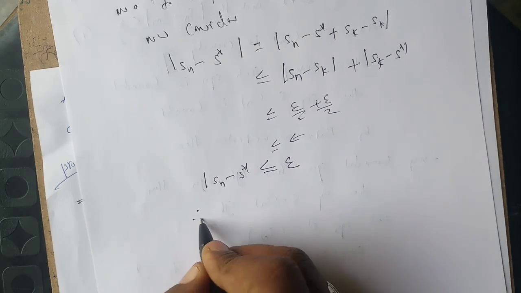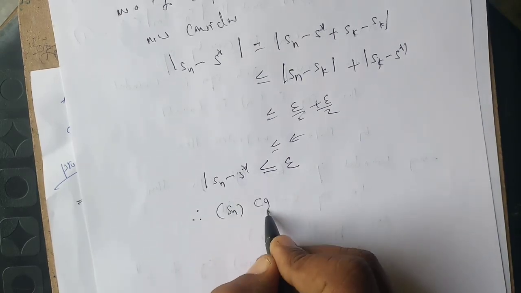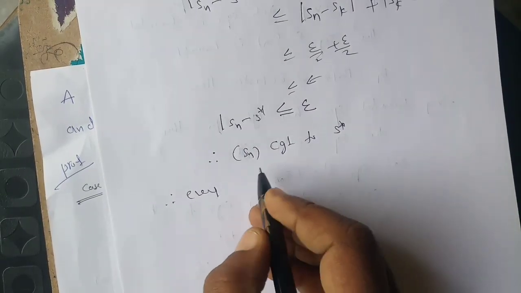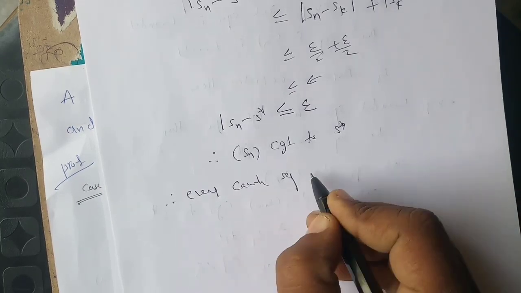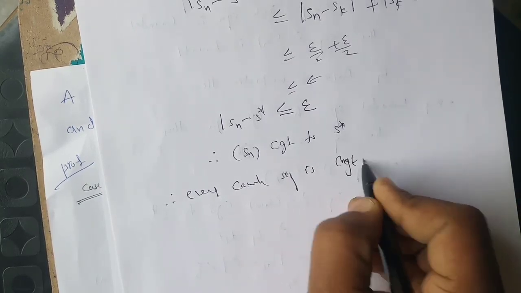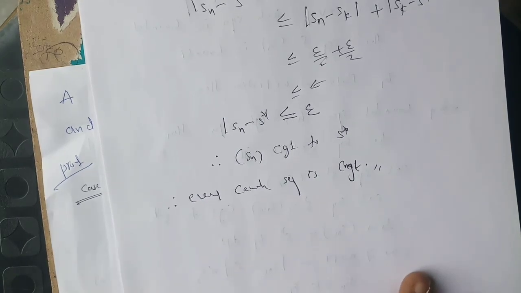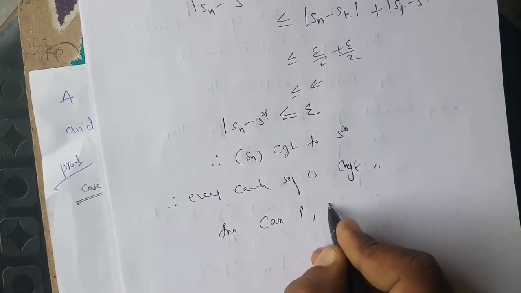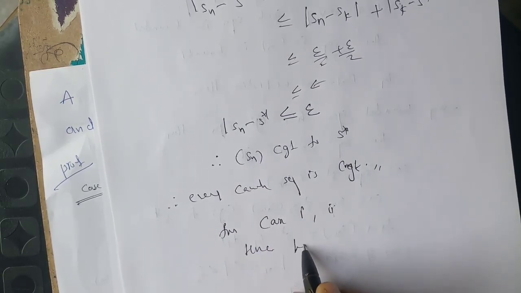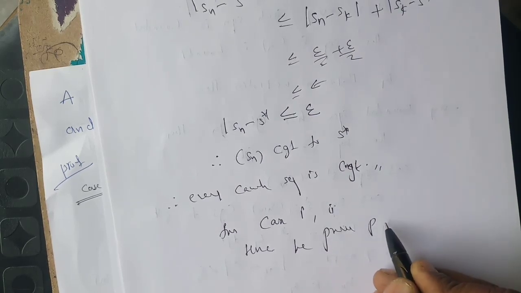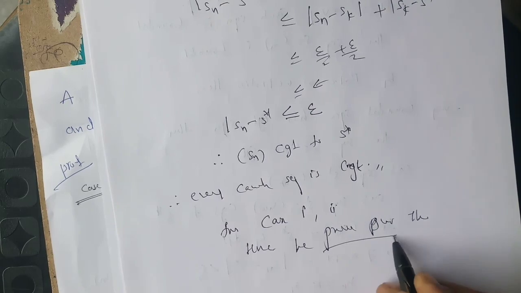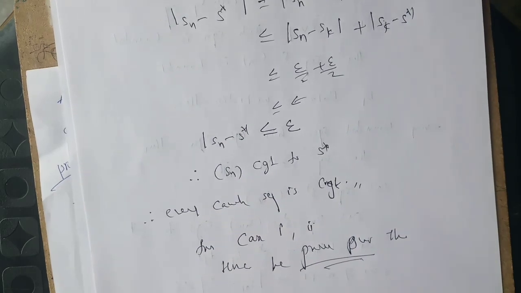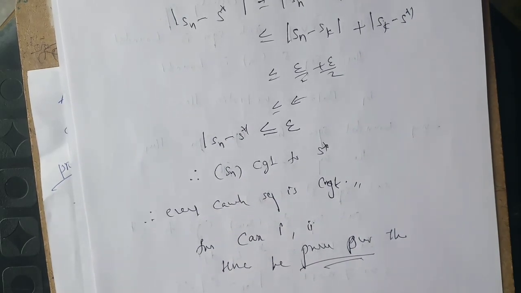Therefore Sn converges to S star. So therefore every Cauchy sequence is convergent. This is case 2, and from case 1 and case 2, hence we proved our theorem.